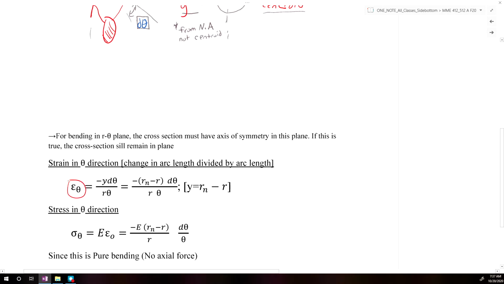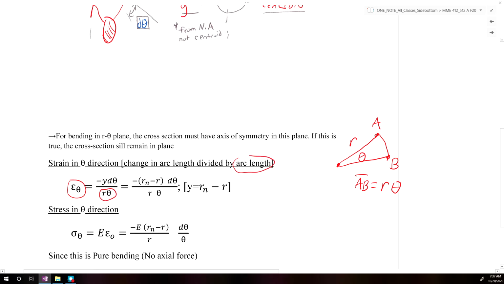If we look at a small section of our curved section here, and let's say we have two points, point A and point B, we know that the length from point A to point B would be equal to r times theta, where theta would be in radians. That's our arc length on the bottom.